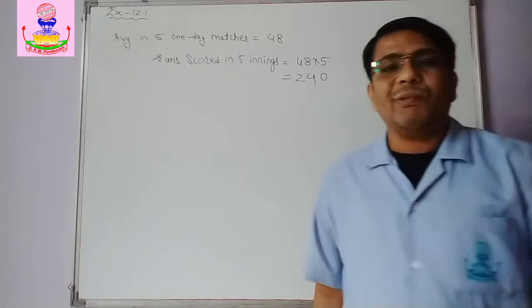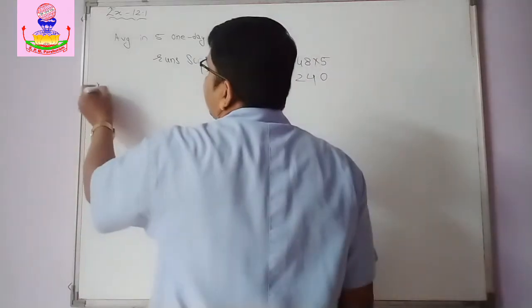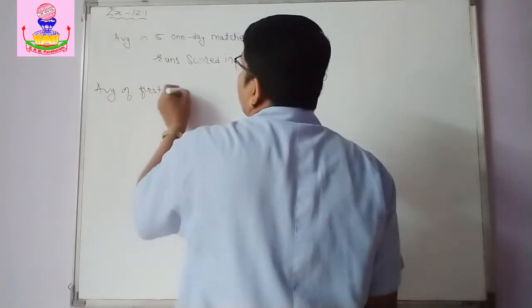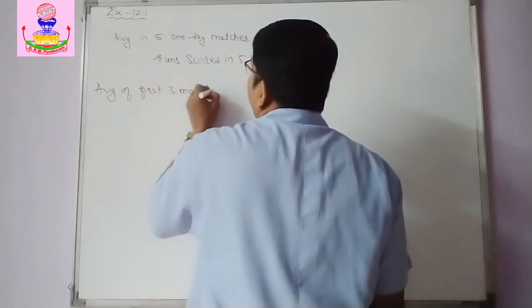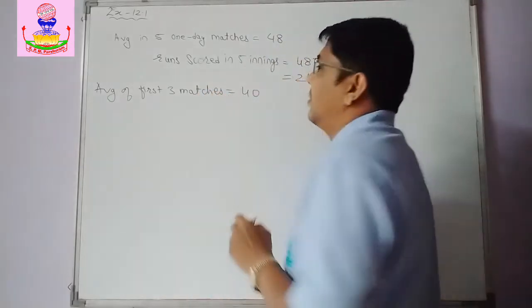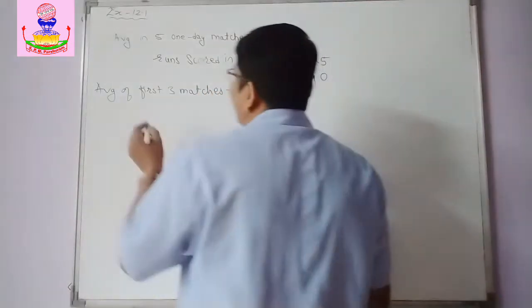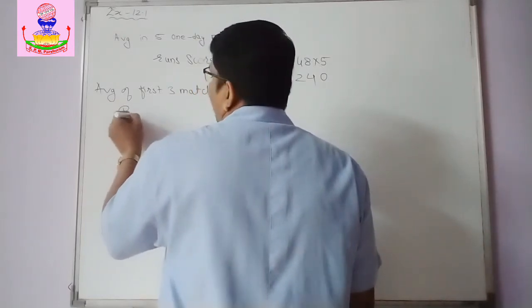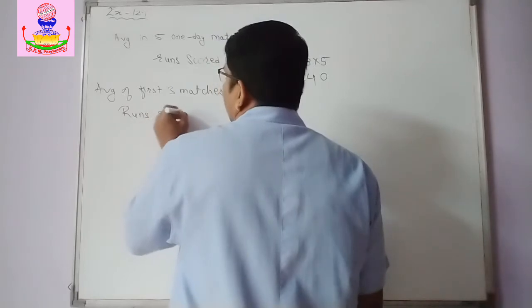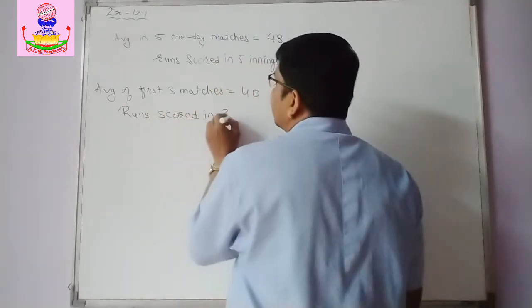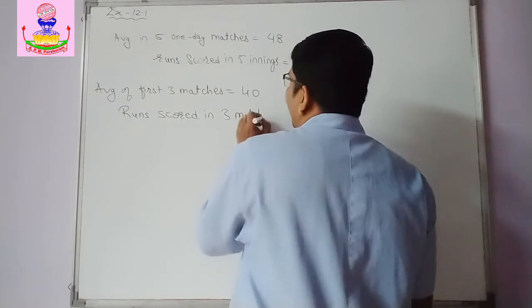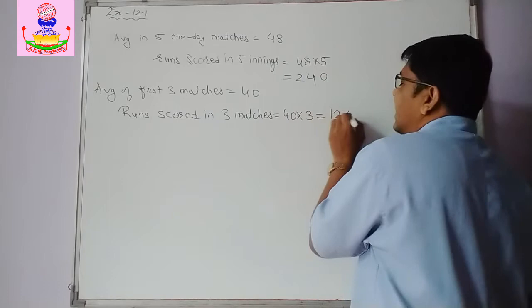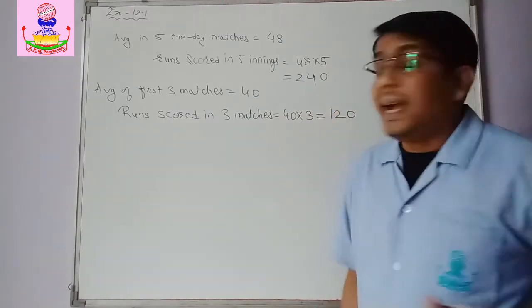Now what they say, in the first 3 matches, he scored an average of 40 runs. Average of first 3 matches, how much is it? 40. So can I get runs scored in 3 matches? What will you do? Oh yes, exactly, 40 into 3. So 4 3s are 120.